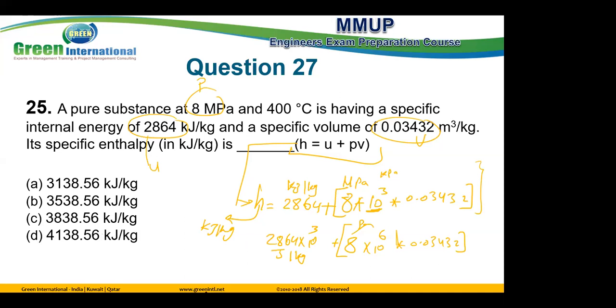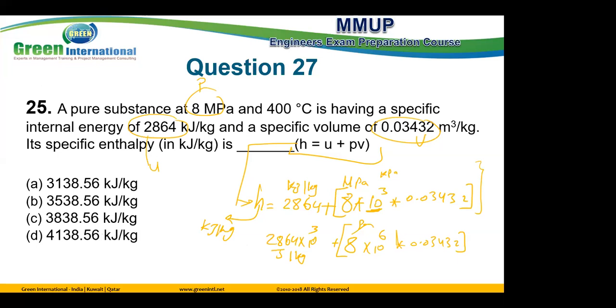But V will change, sir, cubic. If we put pressure in Pascal, what will be the volume? V, volume is the same, unit meter cube. Kilogram is standard, no change. Pascal means joule per meter cube, right?